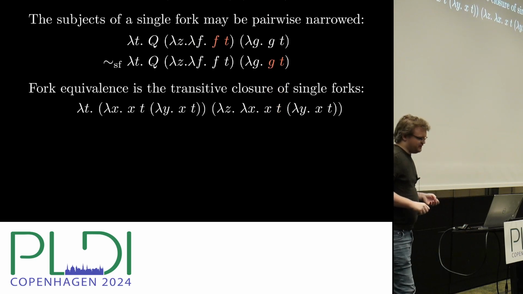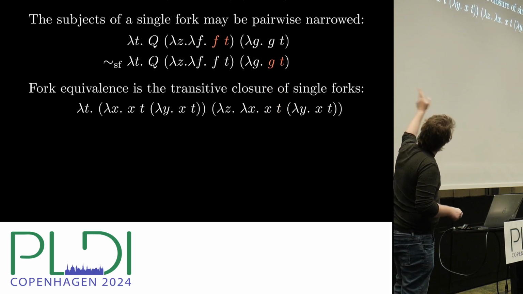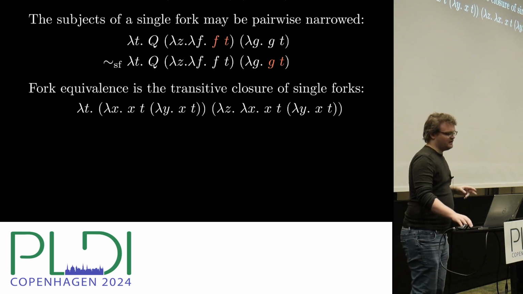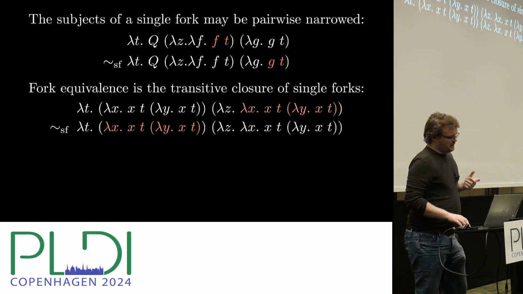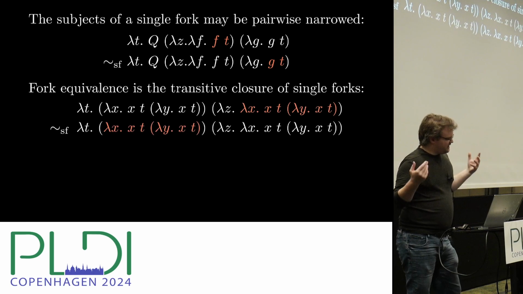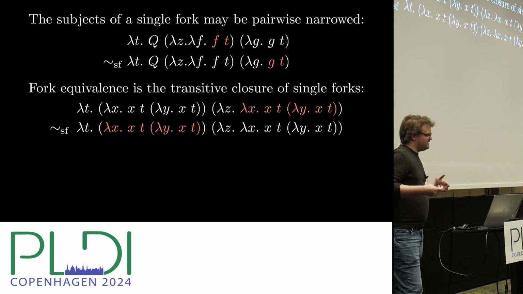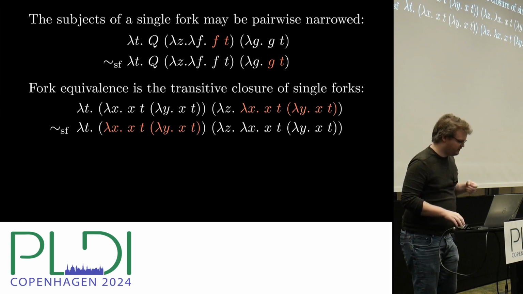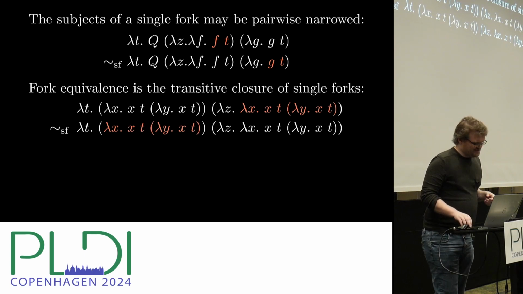So here is a slightly different example with a larger term. This term seems very scary, but it contains lots of duplicates. So here we say, let's highlight two terms, and we can say that there is a single fork between them, because I can establish this let. You have to take my word for it, or if you look at it very quickly, you might see it anyway.